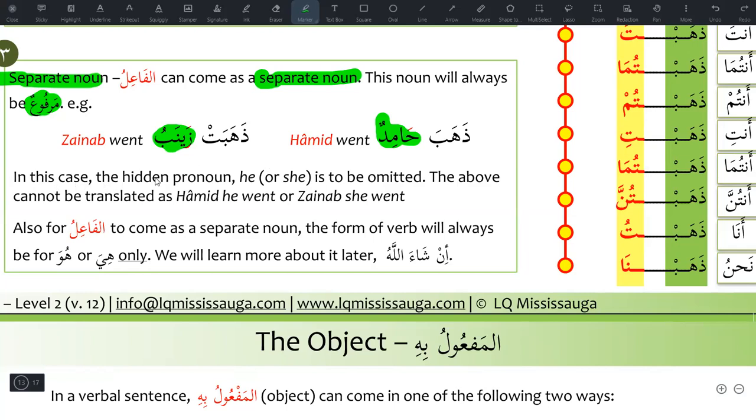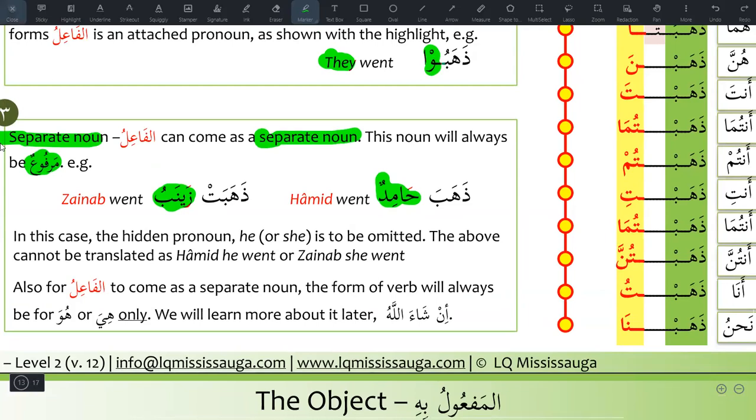In this case, the hidden pronoun he, she, it is to be omitted. The above cannot be translated as "Hamid, he went" or "Zainab, she went." Zahaba means "he went."